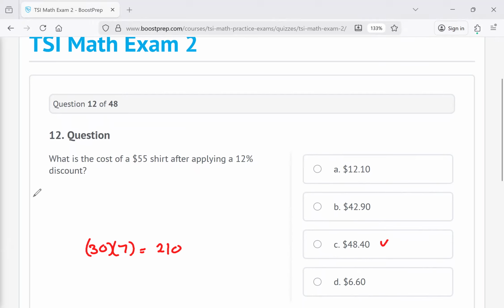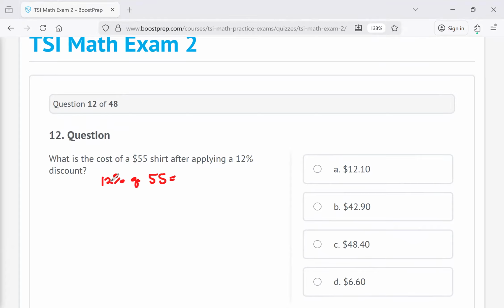What is the cost of a $55 shirt after applying a 12% discount? Can't you just take 12% of 55 and then subtract whatever that is from 55?